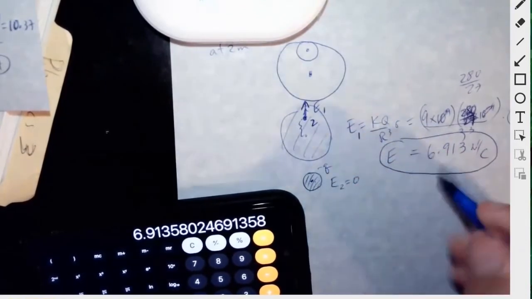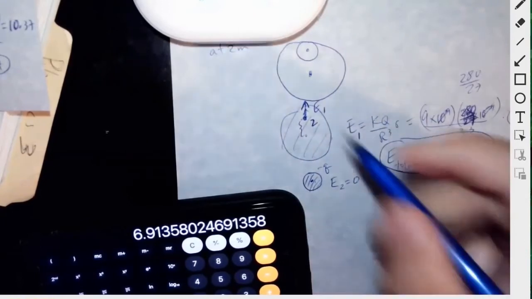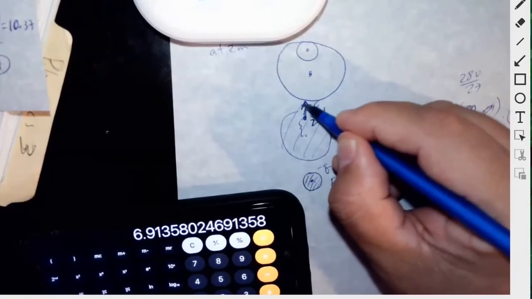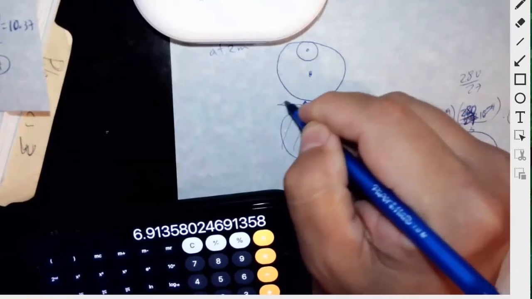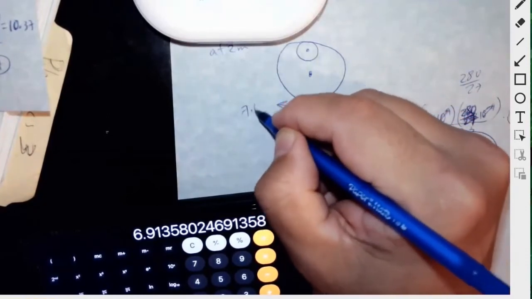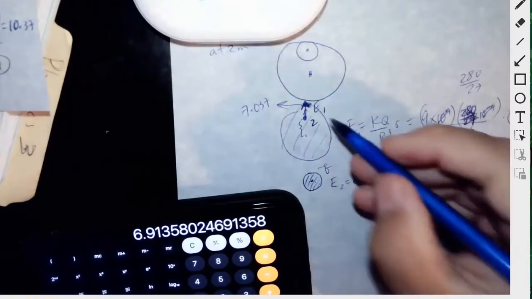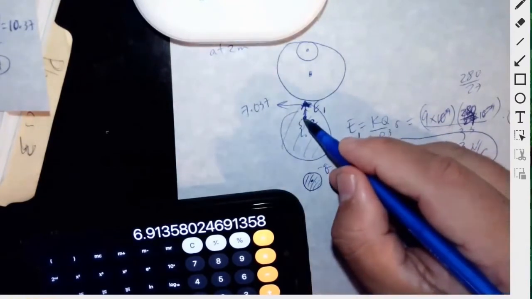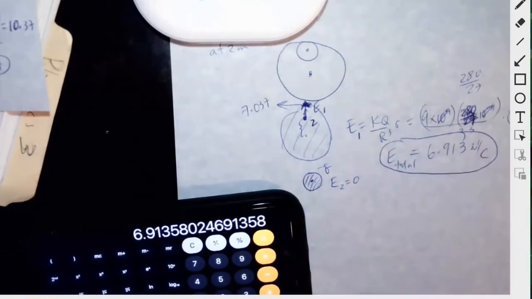So this is the total electrical field. Over here, the electrical field was, what was it? 7.037 at the edge. Wow. But over here it's almost that. It's 6.913. It's really weird how that works.